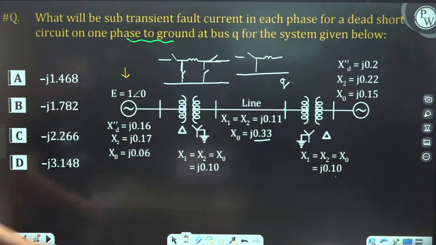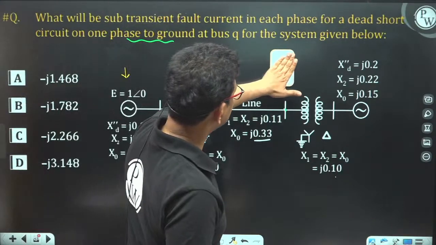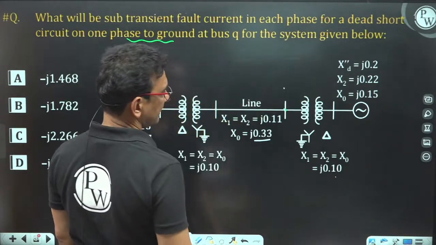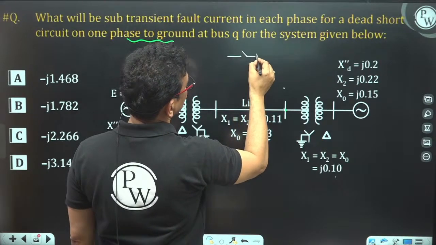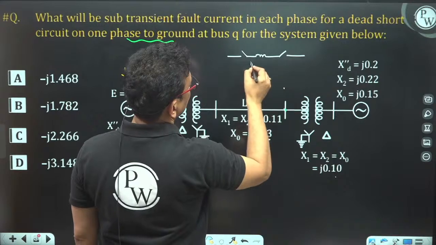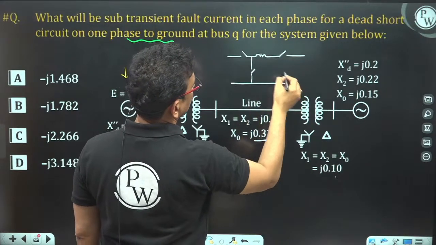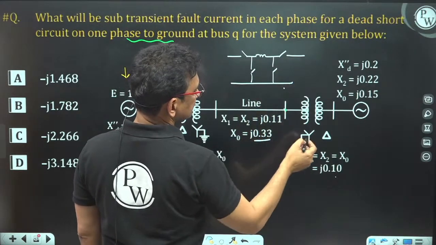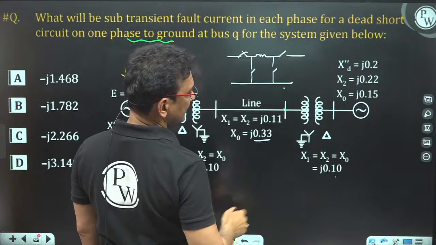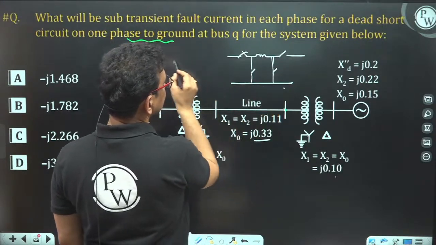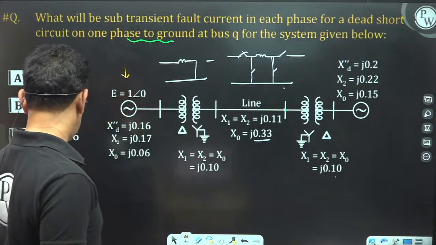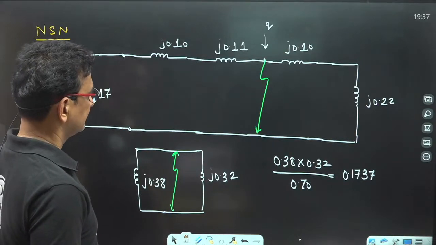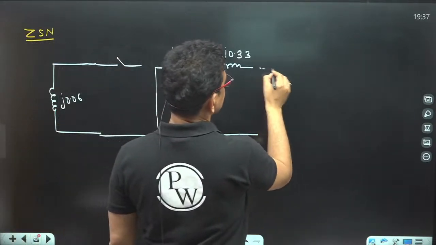Again, I will draw the zero sequence network of the star-delta transformer. Primary winding is star grounded, secondary winding is delta. So it will be like this.